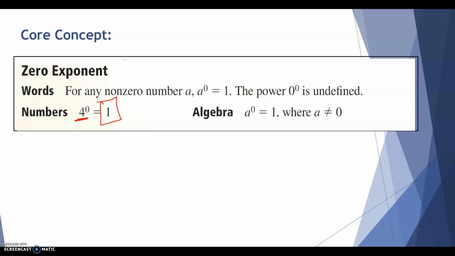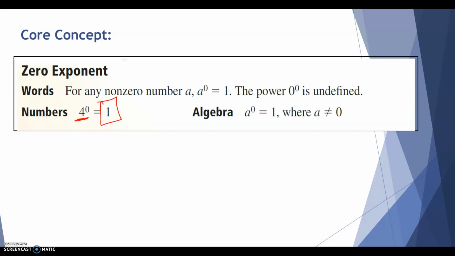And if you don't believe me, you could actually pull your calculator out and plug in a large number and raise it to the 0th exponent, and you will still get a 1. If you don't believe me, I know some of you will actually try to prove me wrong, but I am right, as most of the time.